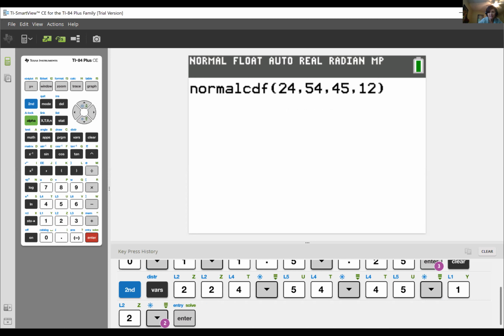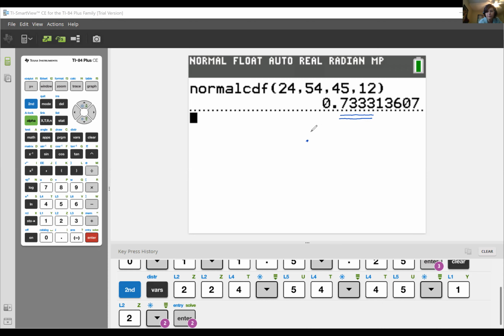So it pasted it in. And what would you say is the probability somebody is going to spend between 24 and 54 minutes in the store? 73%. If we were listing it as a percent, that's what we would say. If you're pulling this out of the table or out of the calculator, you want to go 4 places to the right.